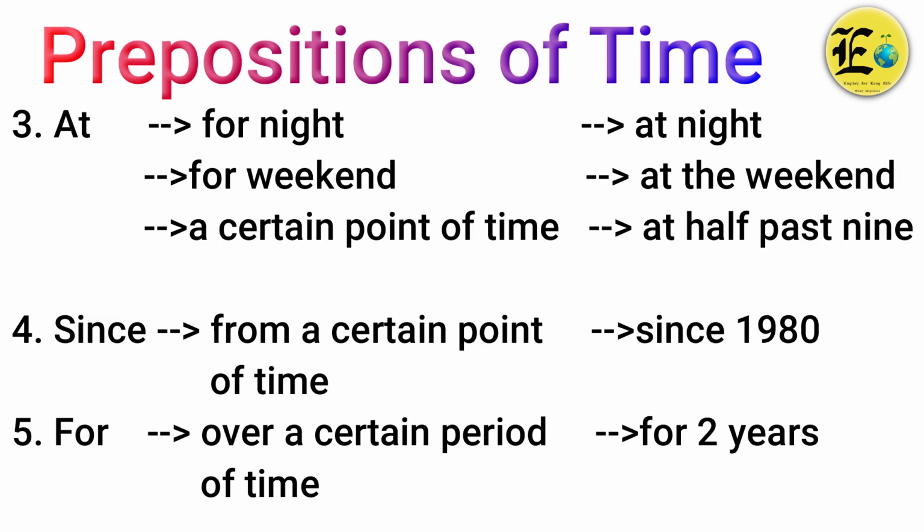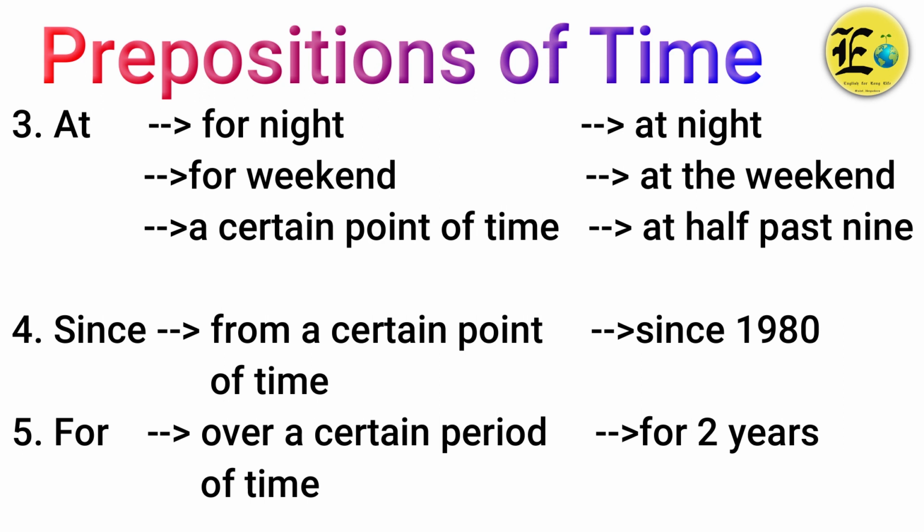The next preposition of time is at. At is used in front of weekends or a certain period of time, or if you need to talk about night, so let's meet at night. In front of night, you don't say in night or on night, you say at night.